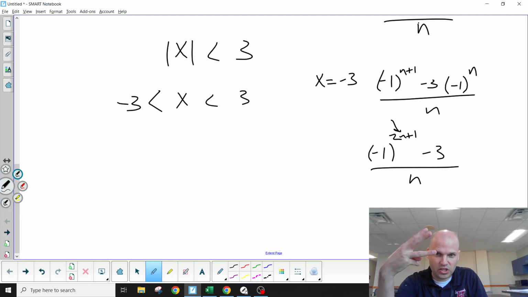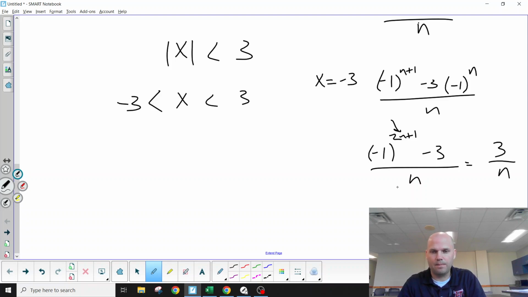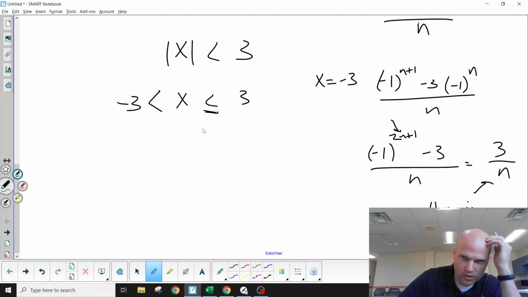Plug in 3, you get 7. Negative. You get what is essentially the harmonic series. This simplifies to just be positive 3 over n. This is the harmonic series, 1 over n, 2 over n, 3 over n. This is a harmonic series that diverges. So, negative 3 diverges, positive 3 converges.